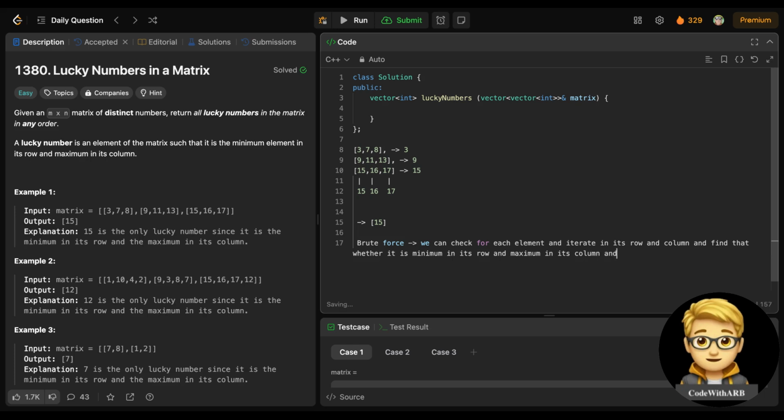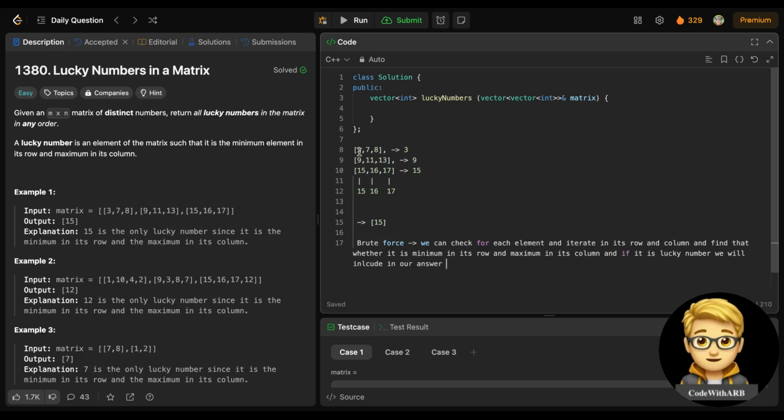And if it is a lucky number, we will include it in our answer. So this is the brute force way.